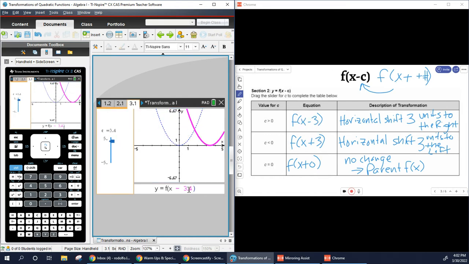Okay? If we have minus a number, we're going to go to the right. And if it says plus a number in the parentheses, we're going to go to the left. It's opposite behavior. Opposite behavior is what you want to remember inside the parentheses. All right, let's talk about the next transformation.